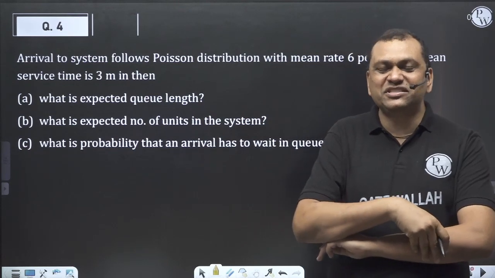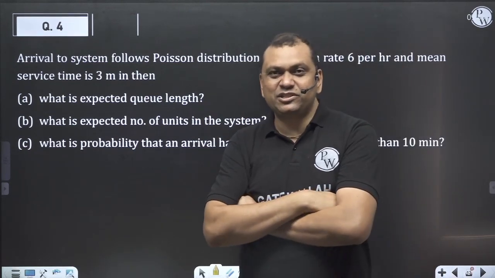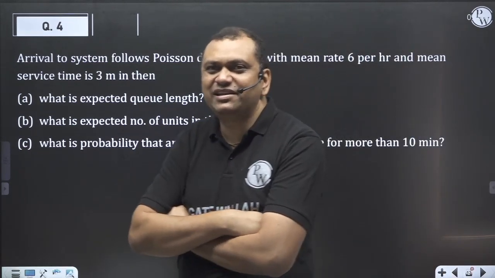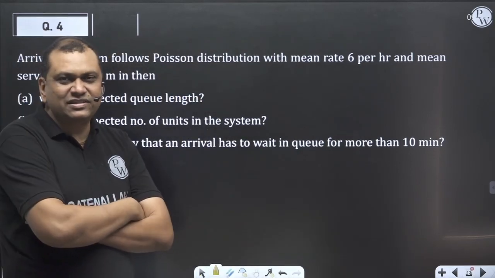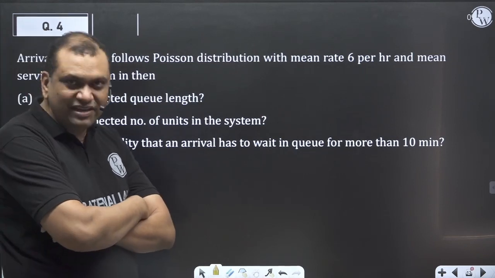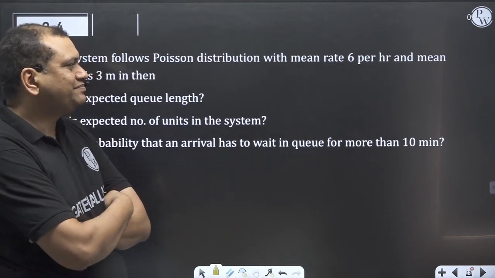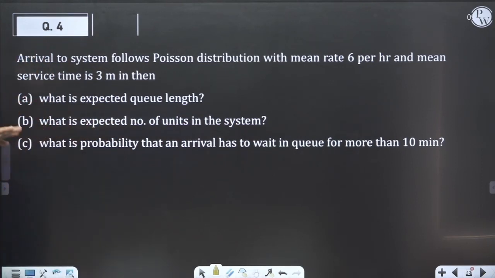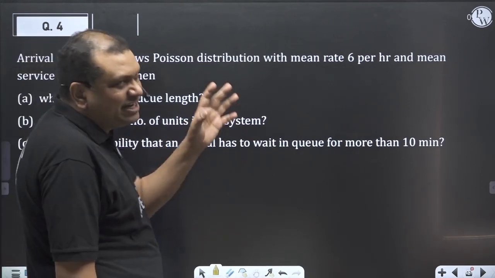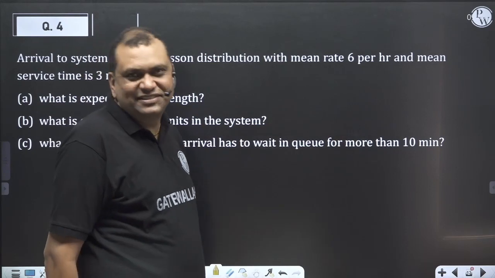Many of my students cracked all these, including civil services with mechanical. Even in the last UPSC exam, 2 students of mine cracked civil services and were selected with the mechanical subject. So in all the competitive examinations, it will be Poisson arrival and exponential service.